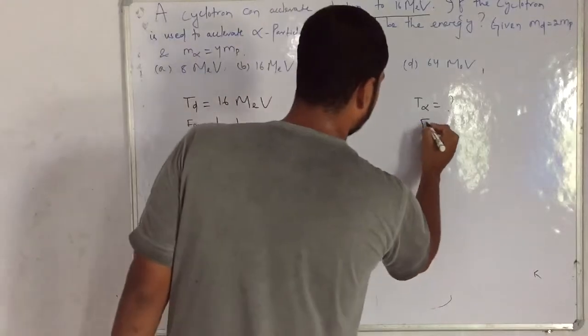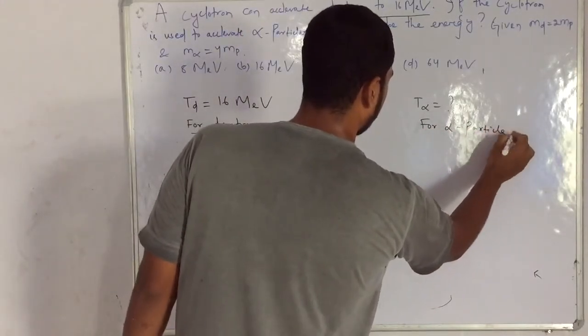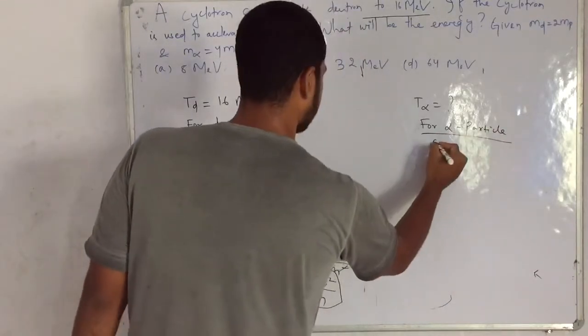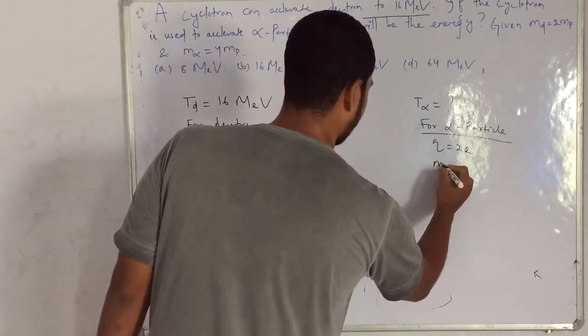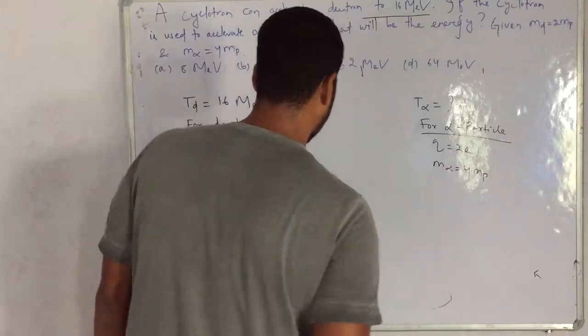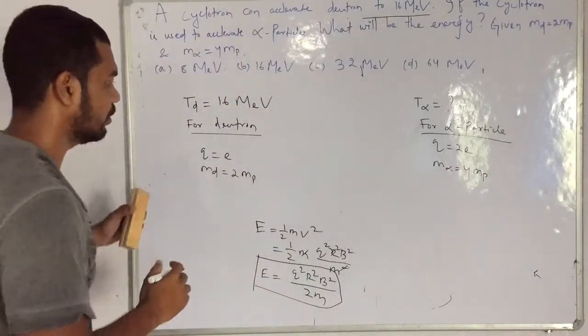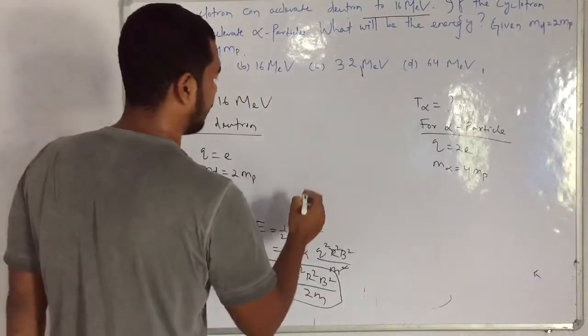Similarly for alpha particle, the charge q equals 2 times e, and the mass of alpha particle is equal to 4 times the mass of proton. Just substitute the values and find the energy for alpha particle.